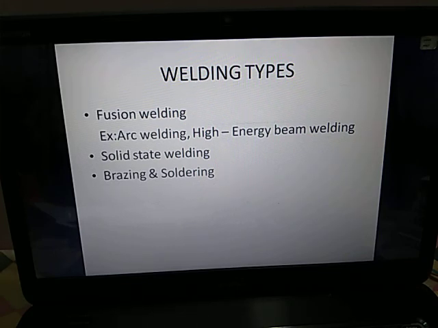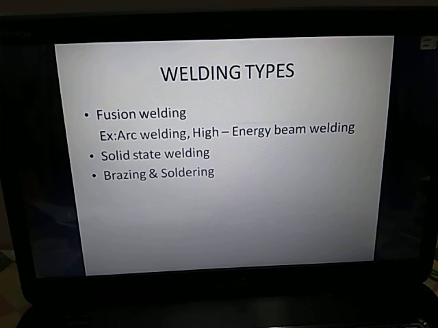Here the filler material may or may not be used. Do you know what filler material is? Whenever two metals are going to be joined, just like gum or adhesive, one more metal is applied. This is called filler material. Through fusion welding, we can have arc welding and high energy beam welding, which are the different types of fusion welding.